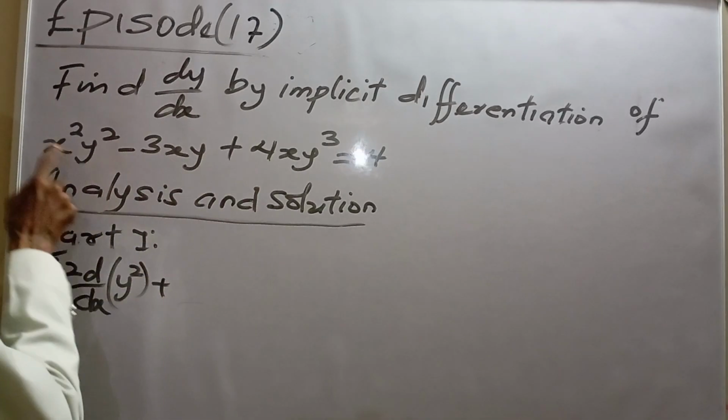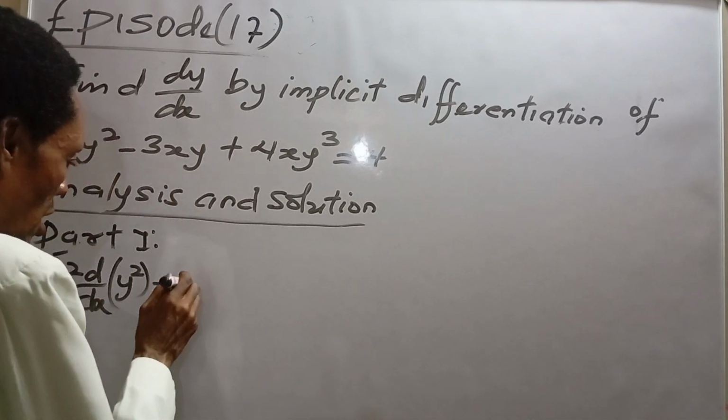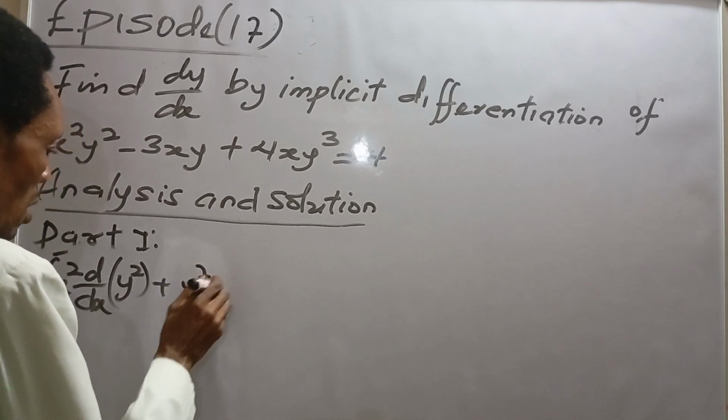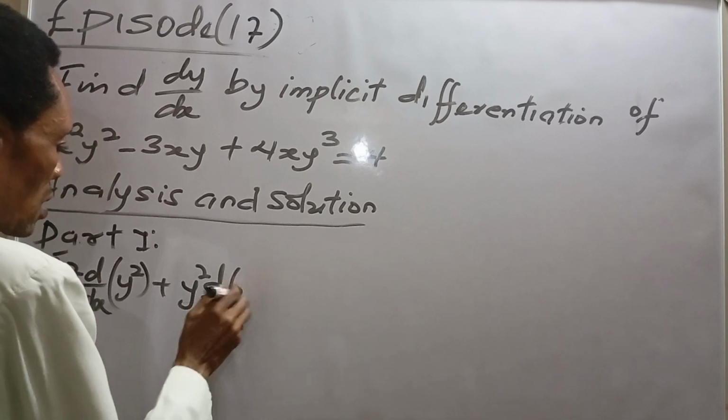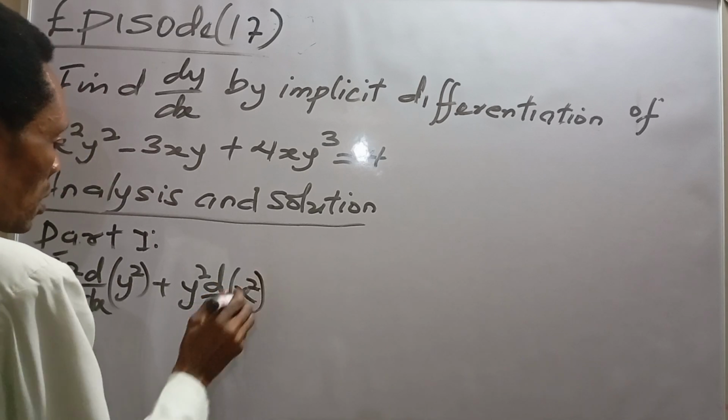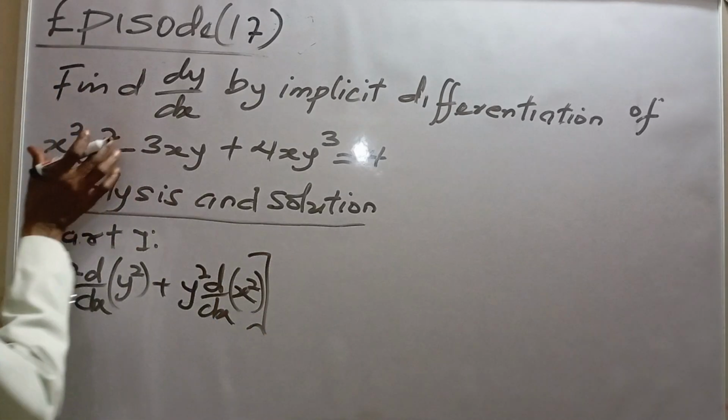Plus you hold down this, you differentiate it. So you now say d/dx of x squared. Okay, I'm done with this.